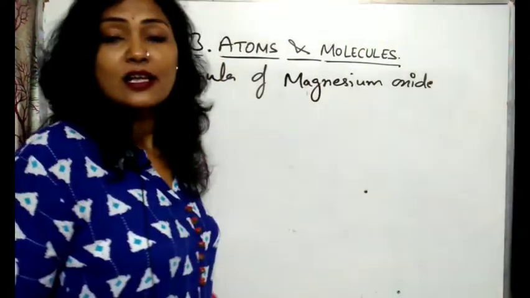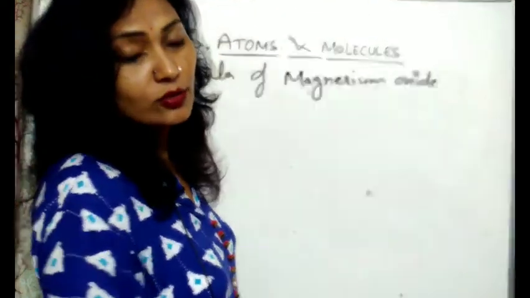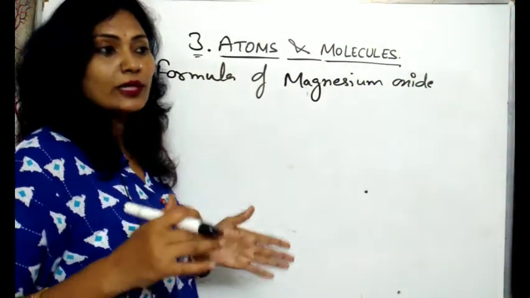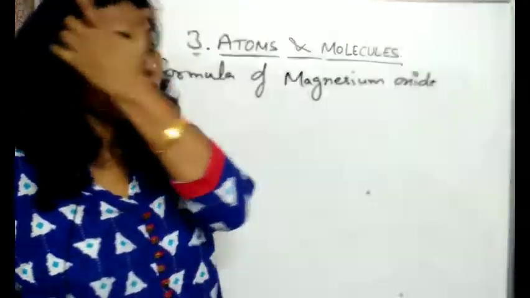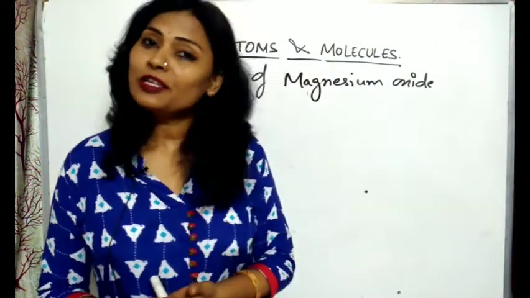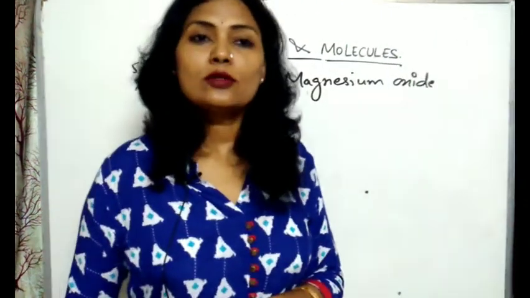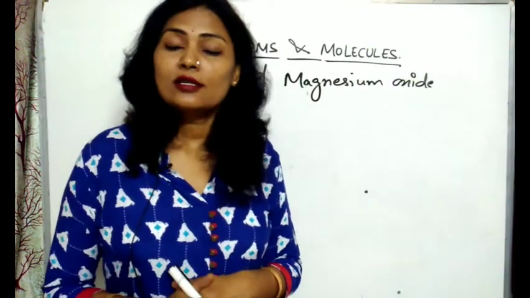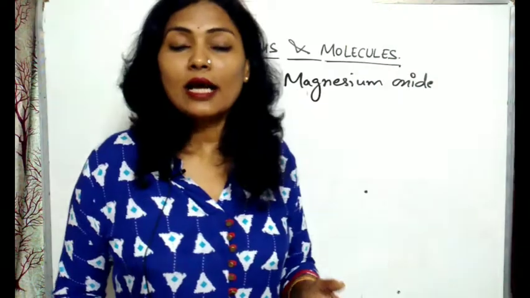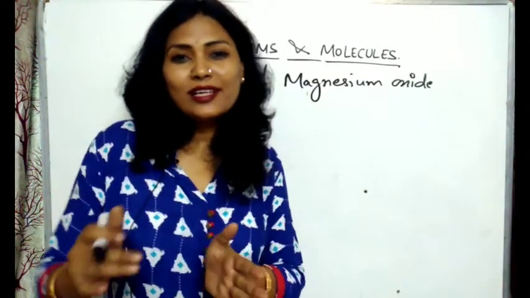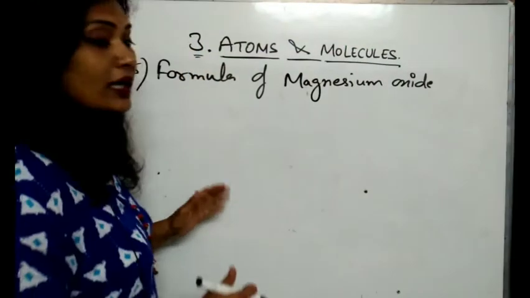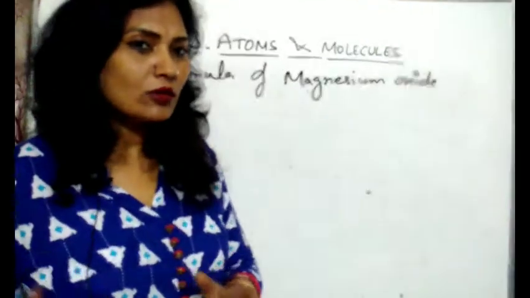If O is there then it will be an oxide. Some radicals will form their formulas, like if there is SO4 then it is sulfate, if NO3 is there then nitrate. Some radicals or polyatomic ions form formulas that are totally different from these simple formulas, and some rules are also different here.